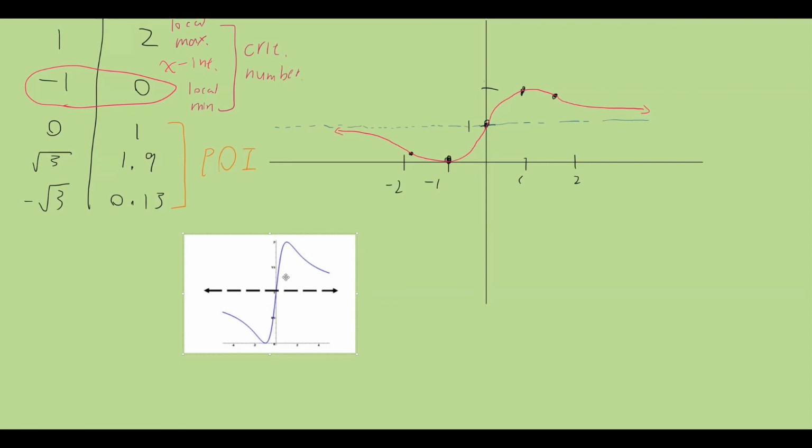But of course we are humans, right? And there is only a certain amount of accuracy we can get when we graph by hand. All right, but that's basically it for graphing a rational function using the first derivative and second derivative.